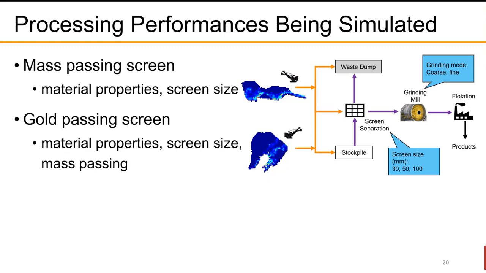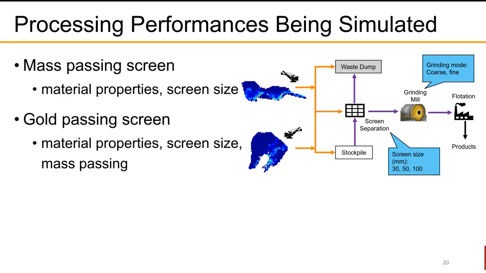And it'll simulate the mass that's going through the screen. The next one that we're going to simulate is the amount of gold passing the screen. So this will be conditioned on material properties, the screen size chosen, but now it'll actually also include what we just simulated, the mass passing, as conditioning data for simulating gold passing.